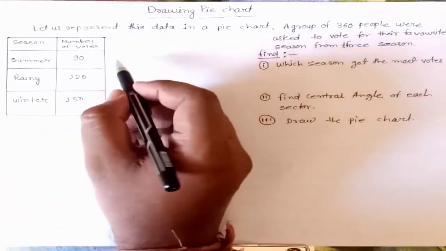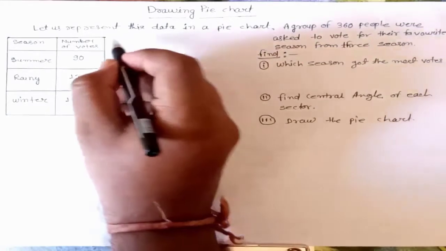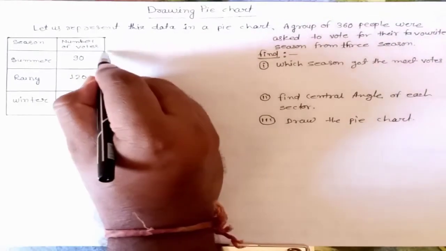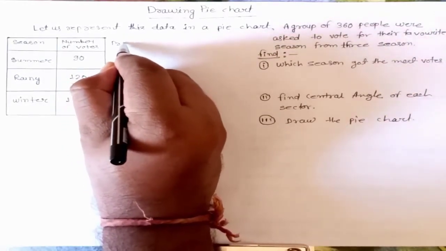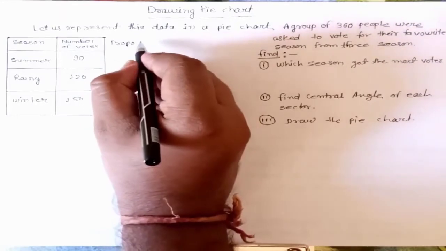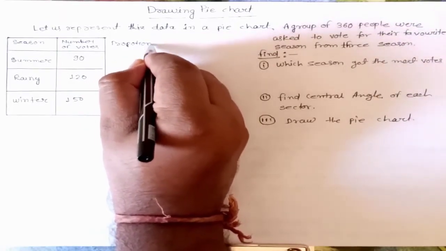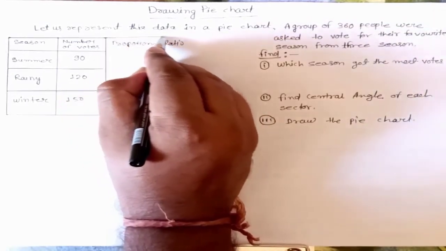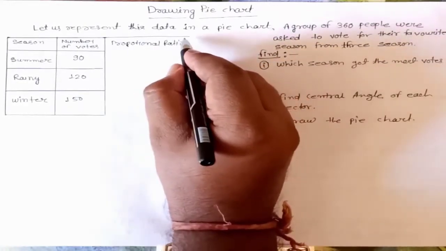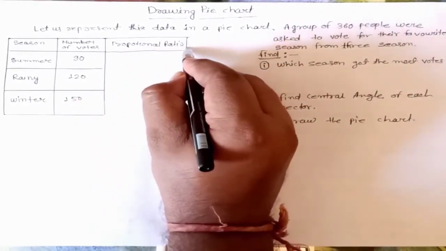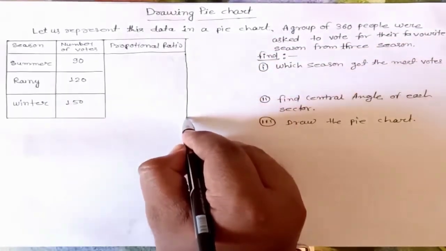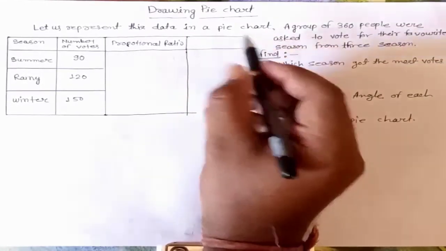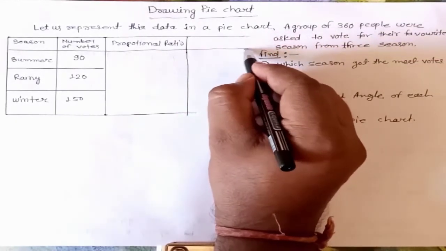So you just make a column of proportional ratio, like this, and one more column for angle.